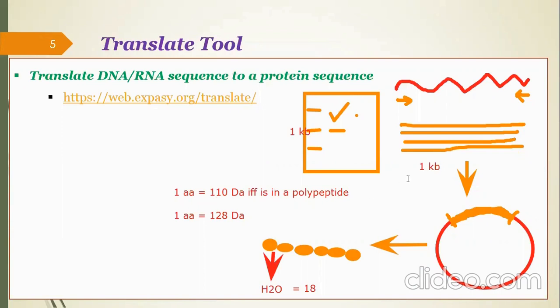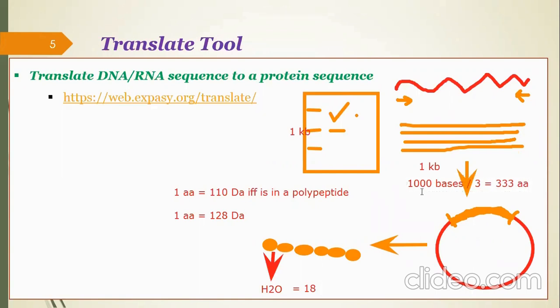So if I have a 1 kb amplicon, that means 1000 bases, and 1000 bases divided by 3 will be equal to the number of amino acids. The last codon will be the stop codon. So normally we will get 333 amino acids.